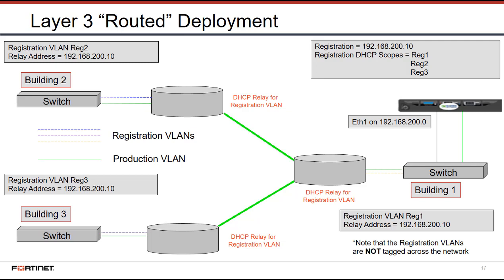So now when a host connects, for example, in building 2 and is isolated to the registration VLAN, and it requests an address when the port comes back up after the VLAN changes occurred, that request is going to be forwarded using a DHCP relay all the way back to Ethernet 1 on the FortiNAC, and the FortiNAC is then going to respond with an appropriate address from the appropriate scope for that building 2 environment, with itself as the DNS server.